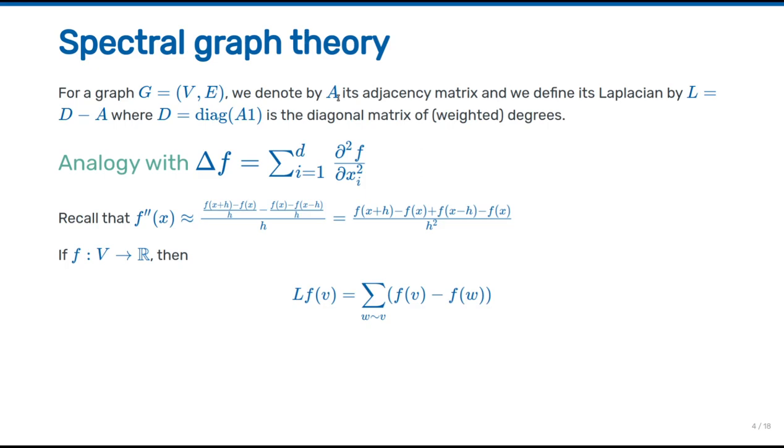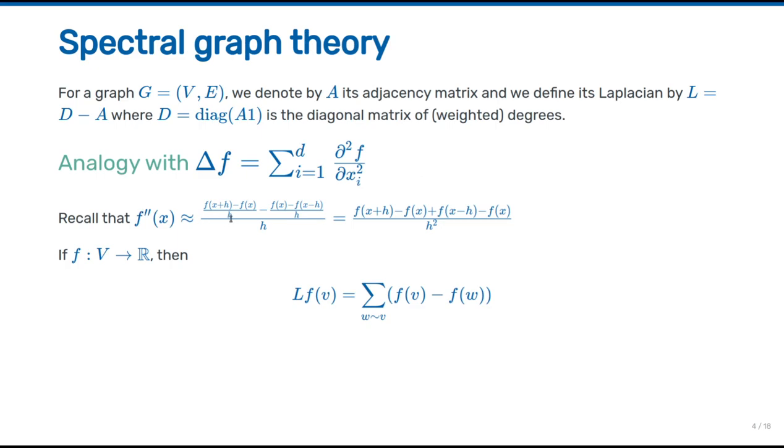Well, first there is a very natural analogy with the discrete derivative. So remember that the Laplacian is the sum of the second derivatives of f with respect to all the dimensions.